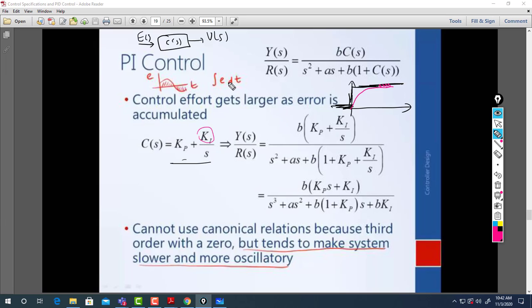So your control effort will increase. When your control effort increases, you increase the response of the system. Then you may have no error. So that's why the I controller eliminates the steady state error for a step input.